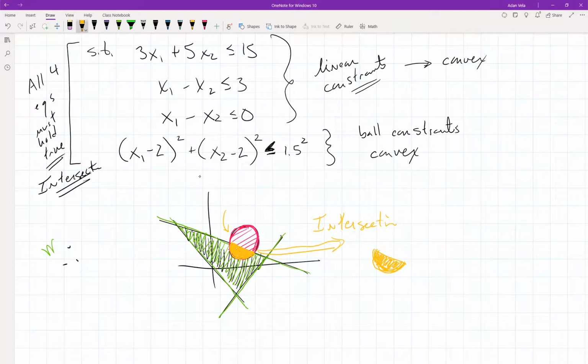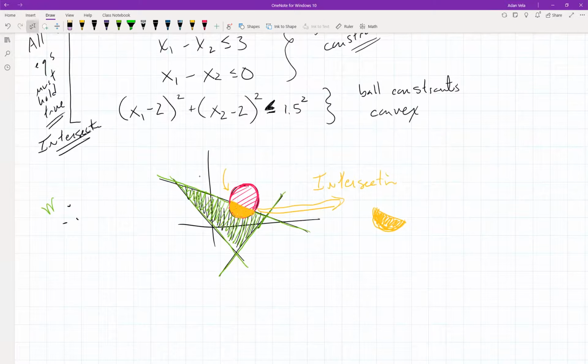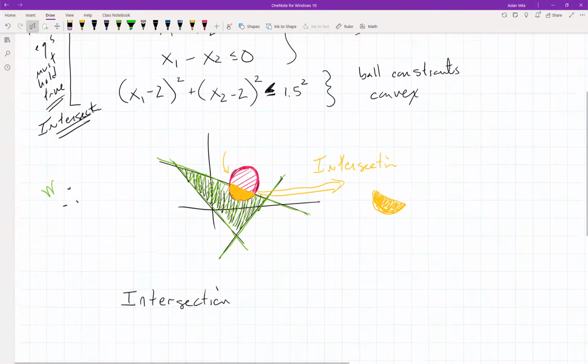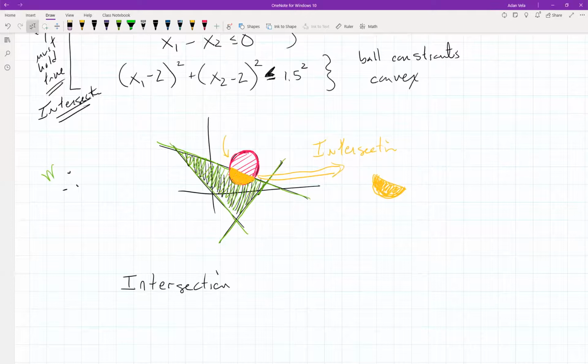And so the intersection of convex constraints is still convex. So if I have a set of constraints, and I add another constraint and another constraint and another constraint, and every constraint that I add is convex, then my feasible space will remain convex.